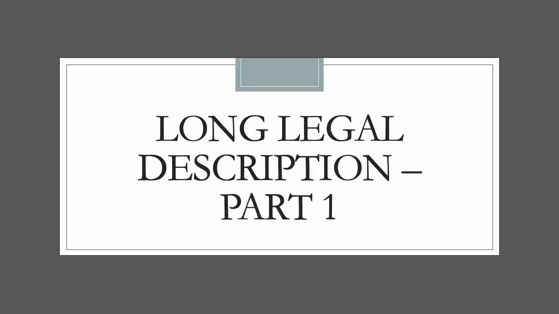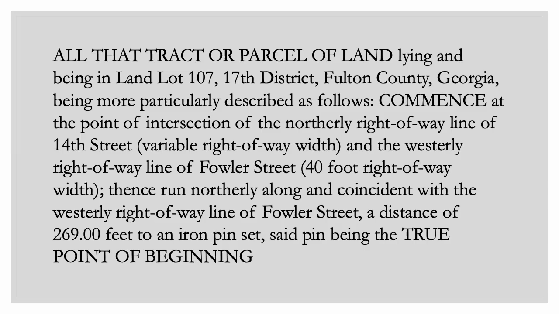Now let's look at a full sample long legal description, and it's going to be broken into parts as it might appear in a deed. Okay, so part 1 of this sample long legal description would look like: all that tract or parcel of land lying and being in land lot 107, 17th District, Fulton County, Georgia, being more particularly described as follows: commence at the point of intersection of the northerly right-of-way line of 14th Street, variable right-of-way width, and the westerly right-of-way line of Fowler Street, 40 feet right-of-way width.